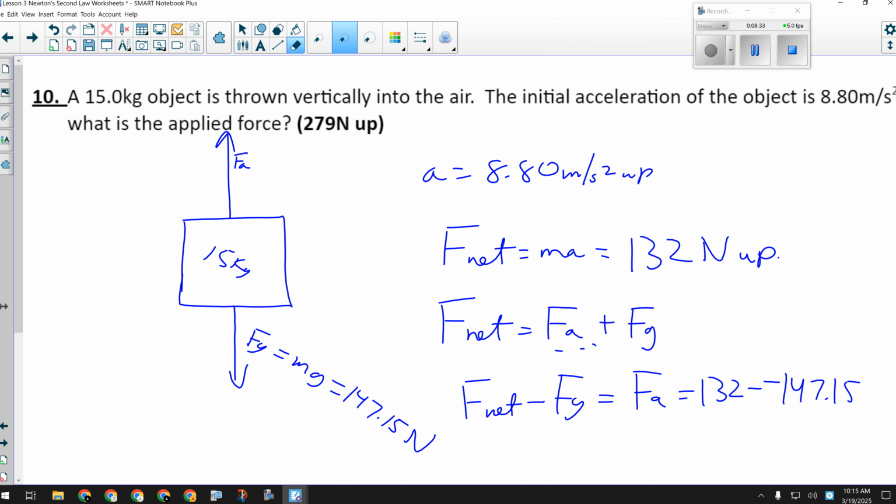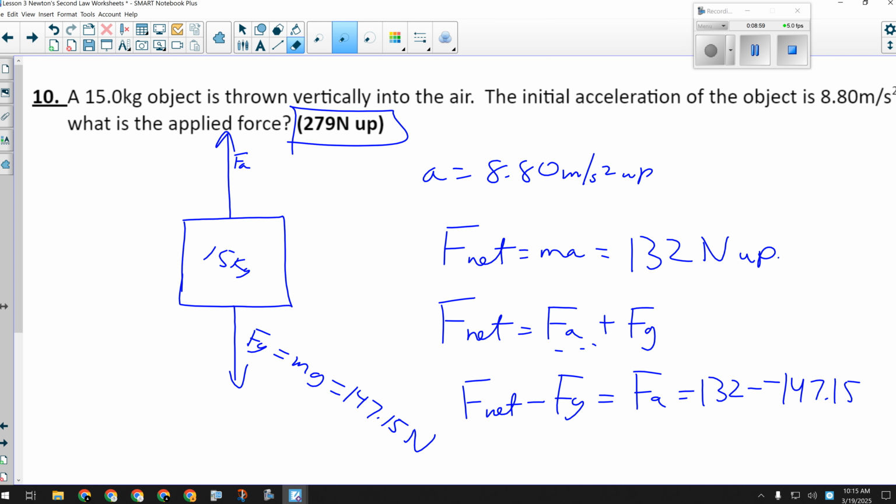What a lot of people do is they subtract a positive number there. So when we do that, we're effectively adding them together. I would have to apply a force that is equal to the force of gravity plus that much in order to make it do that. So the correct answer there is 279 newtons up. That is the force I would have to exert to do that.